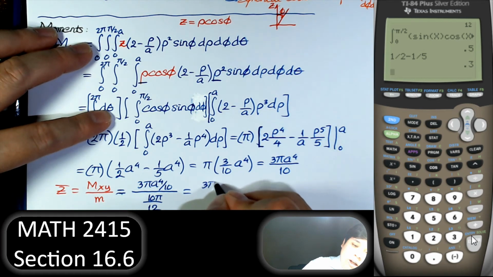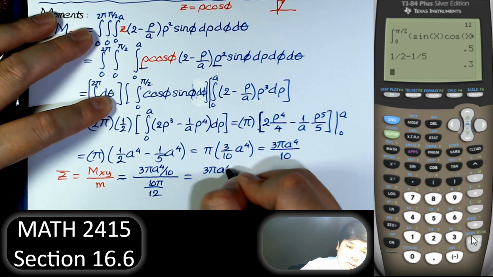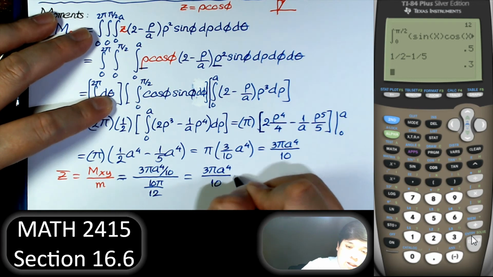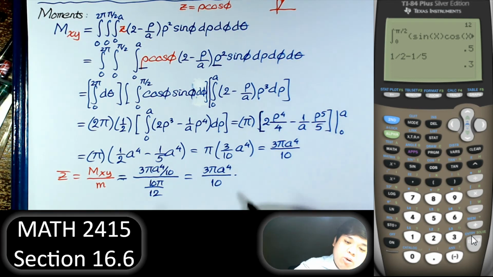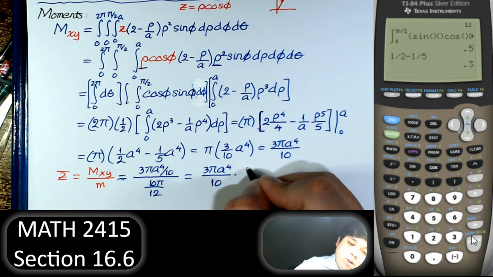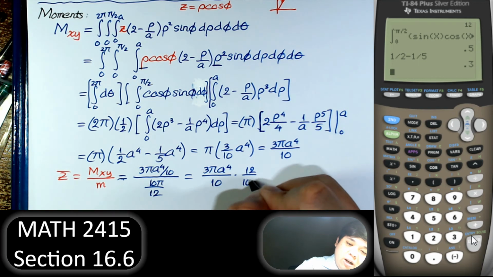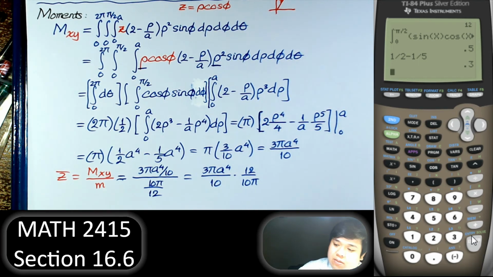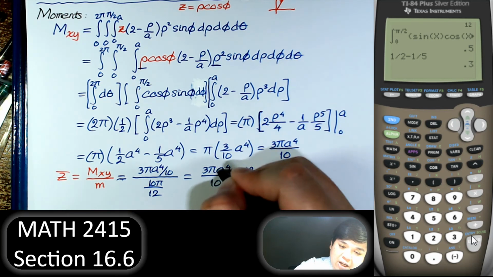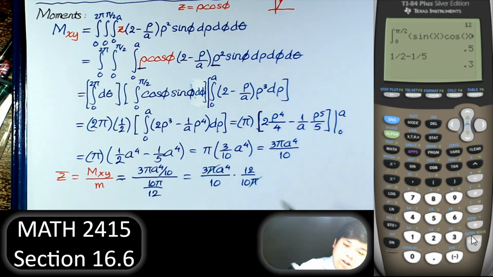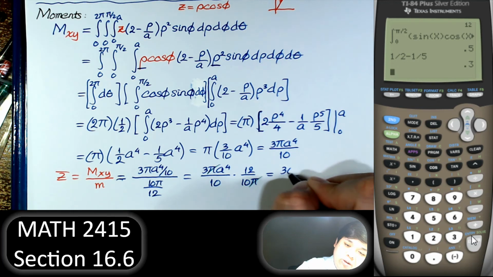So 3 pi a to the 4th over 10, multiply by the reciprocal, 12 over 10 pi. Pi cancel out. We have 36 over 100.